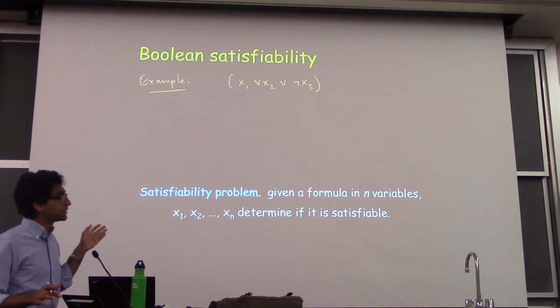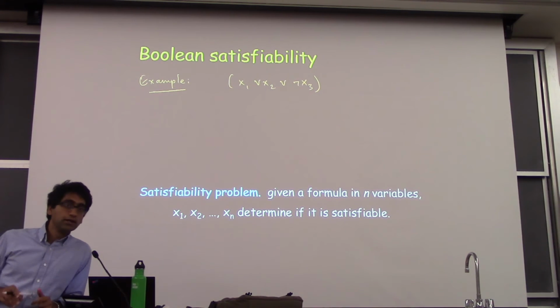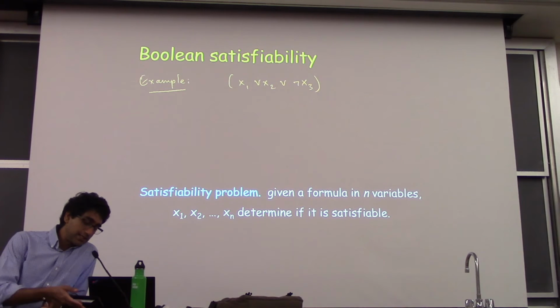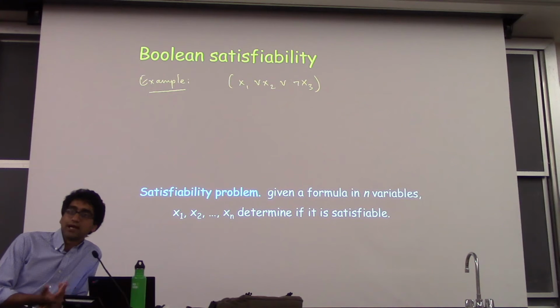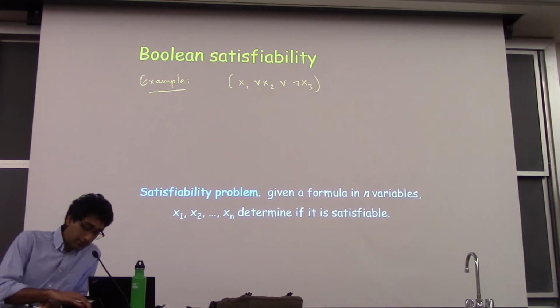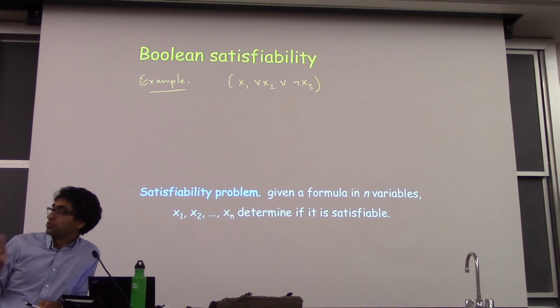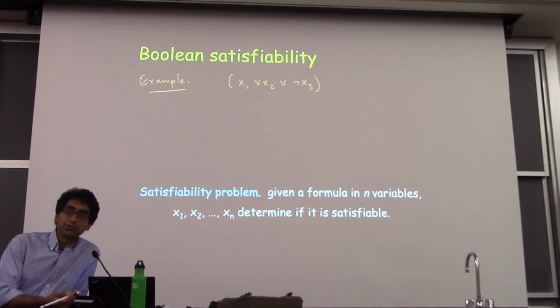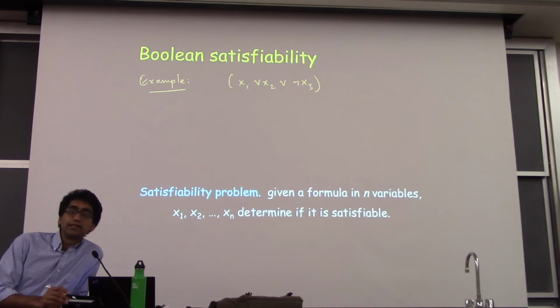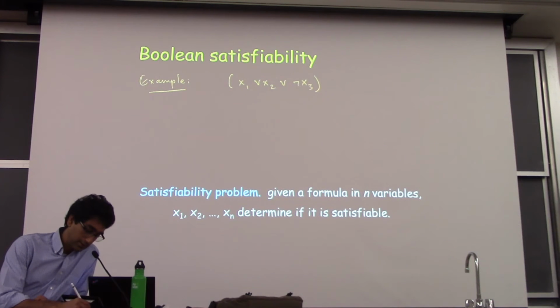This is a very simple formula. Suppose I ask you, is there a setting for the variables x1, x2 and x3 so that this is satisfied, so that this evaluates to true? Trivially, yes, because you can set, let's say, x1 equals true, and no matter how you set the other variables, this formula will evaluate to true. Because I set this to be true.